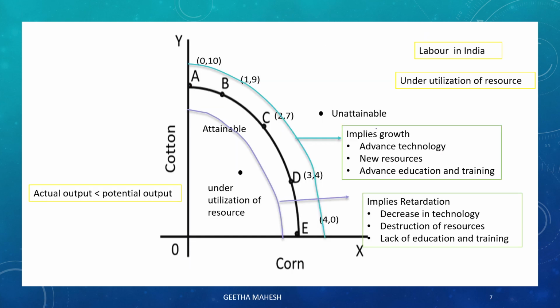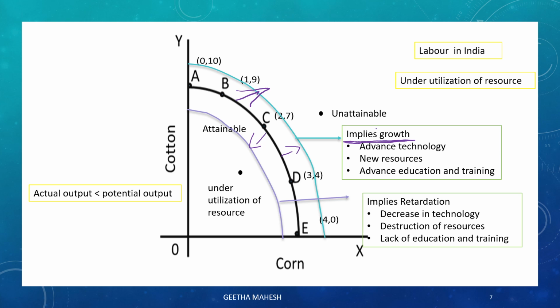Dear students, you can see in this diagram, this black color production possibility curve is shifted right side as well as left side. If the production possibility curve shifts towards the right of its origin, then it implies that the economy is growing. The growth of an economy is increased.